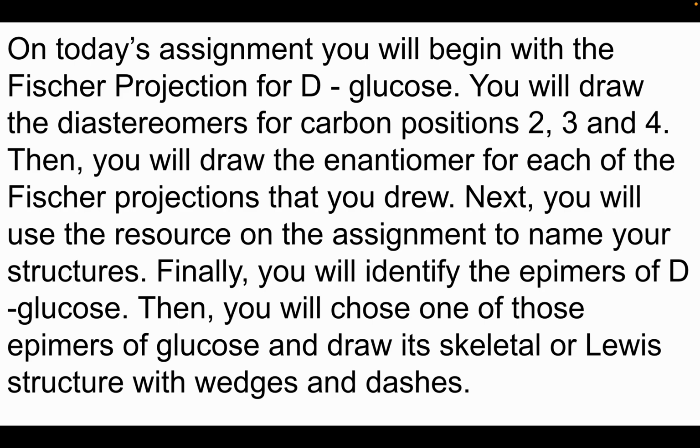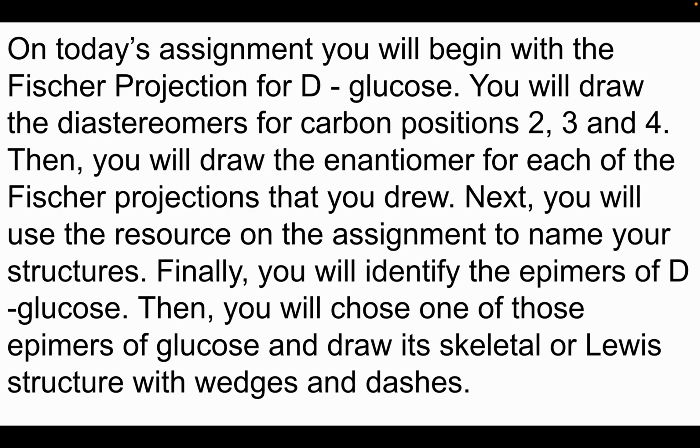So you'll draw when it's flipped at carbon 2, when it's flipped at carbon 3, when it's flipped at carbon 4, when it's flipped at carbons 2 and 3, 2 and 4, 3 and 4, and then the diastereomer when it's flipped at all three of those positions.